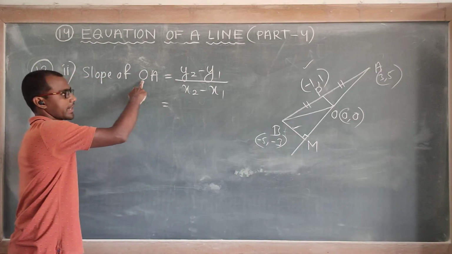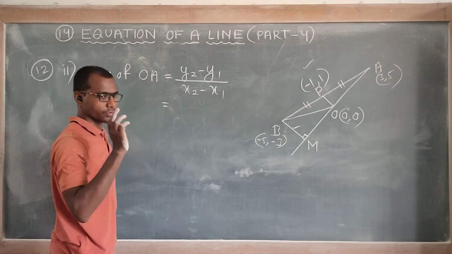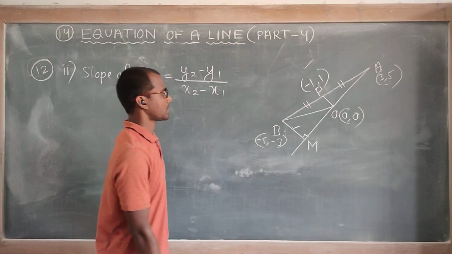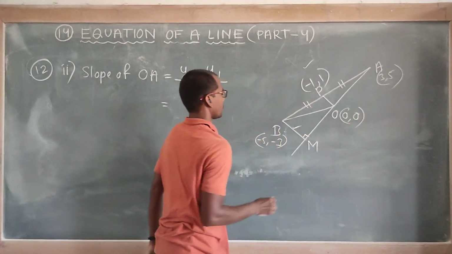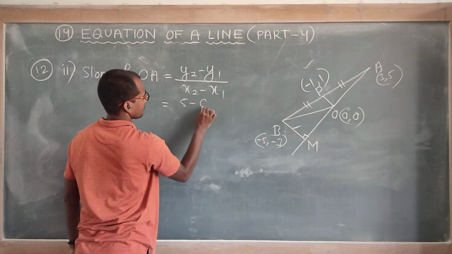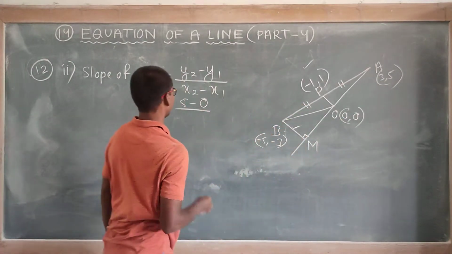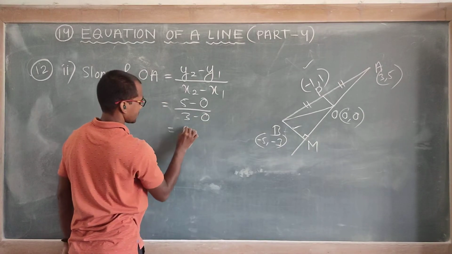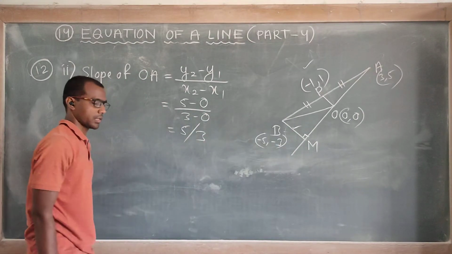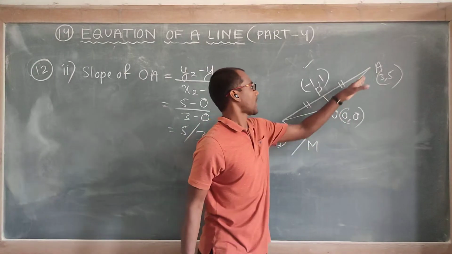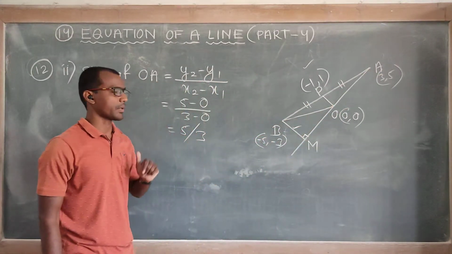Now O can be taken as x1 y1, A can be taken as x2 y2. So y2 minus y1 means 5 minus 0, x2 minus x1 means 3 minus 0, which is 5 by 3. So slope of the line AO is 5 by 3.